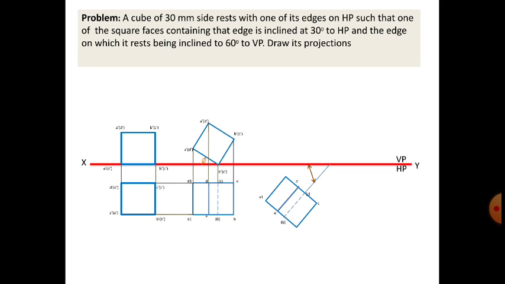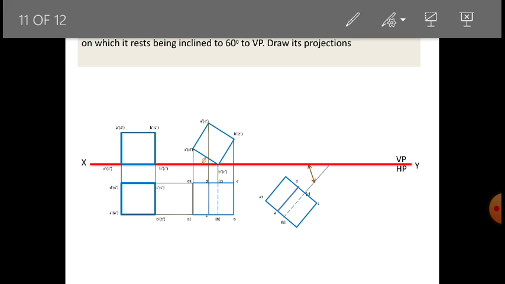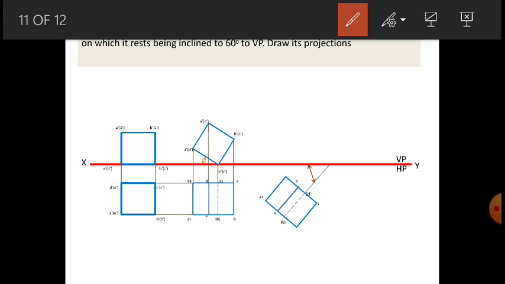Now this is the last and third part. Here you are going to take the object which you got by inclining to 30 degrees, and the same object you are going to incline to 60 degrees. It is saying it is inclined to VP, so we are going to draw it in the HP.